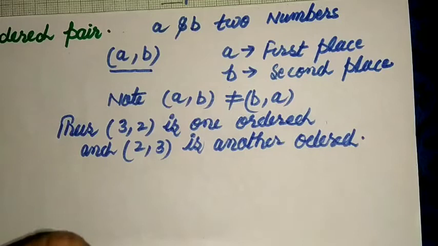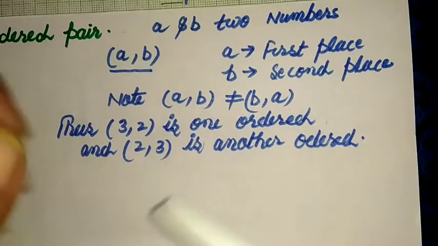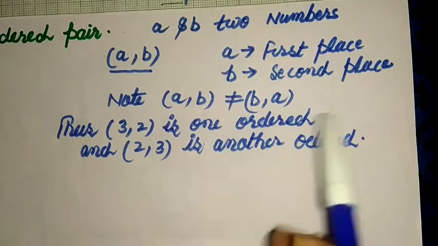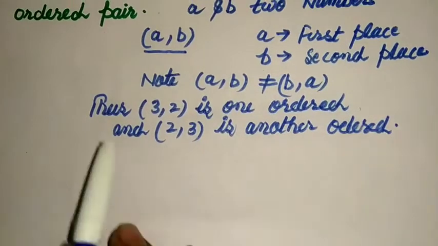So this is the ordered pair, we can say. A is a first place and B is a second place, isn't it? So it is an ordered pair.